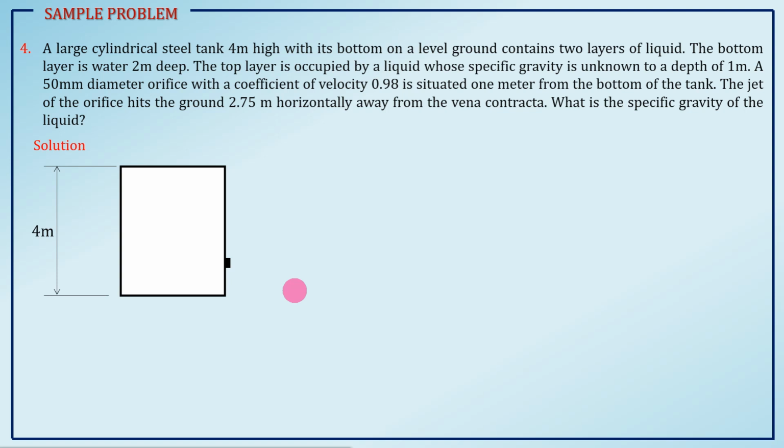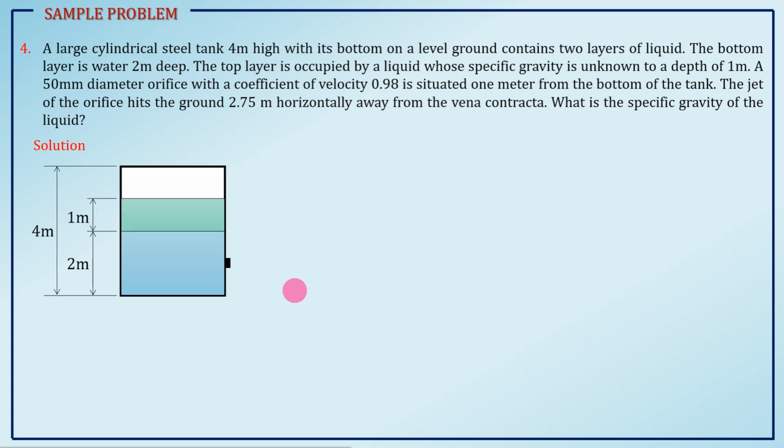A large cylindrical steel tank, 4 meters high, with its bottom on level ground, contains 2 layers of liquid. The bottom layer is water 2 meters deep. Then the top layer is occupied by a liquid whose specific gravity is unknown, to a depth of 1 meter.